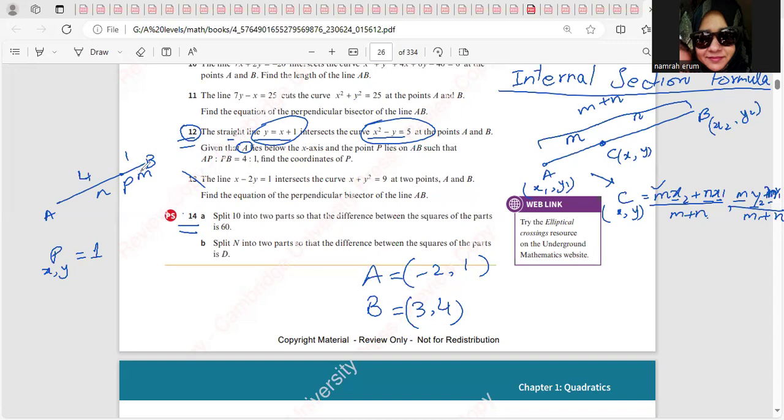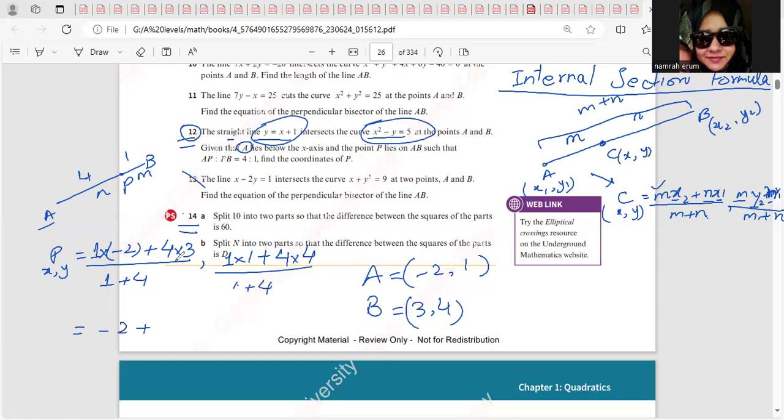All right. So M is my smaller ratio, and then my x2, that is the x coordinate of the other point, that means here the -2 into -2, plus N, the bigger one, and the x coordinate of the other point, that is B, into 3 over M plus N, 1 plus 4, comma, M, the smaller ratio 1, and y2, the y coordinate of A, 1, plus N, the bigger ratio 4, and the y coordinate of the other point, that is 4, over 1 plus 4.